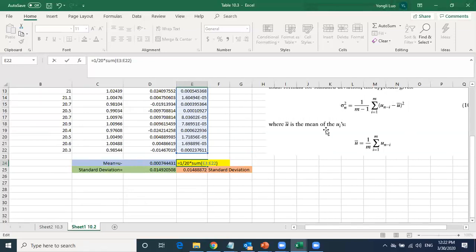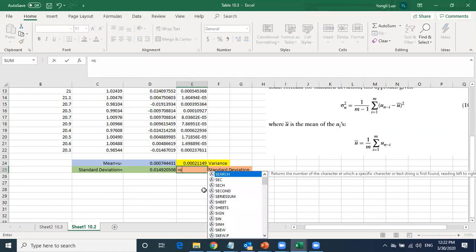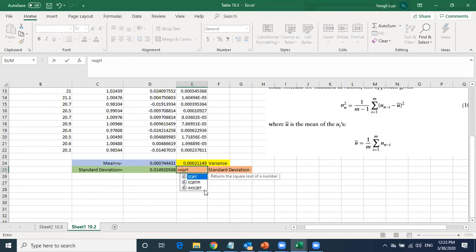That's your variance, the standard deviation squared. Then you take the square root, SQRT, the square root of the variance. That's your standard deviation.